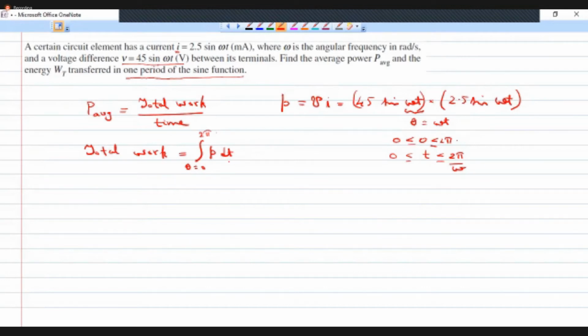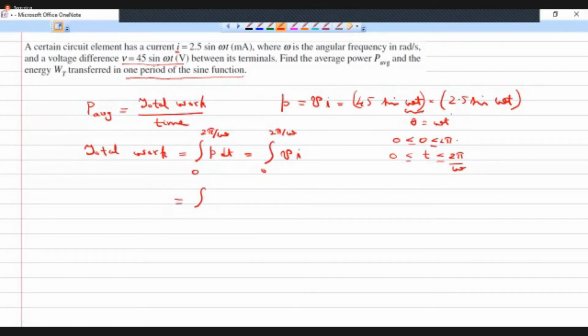When we write integrate with respect to t, this has to be from 0 to 2 pi by omega. So we will integrate this quantity. We can write this as nothing but integral 0 to 2 pi by omega of small v into small i.